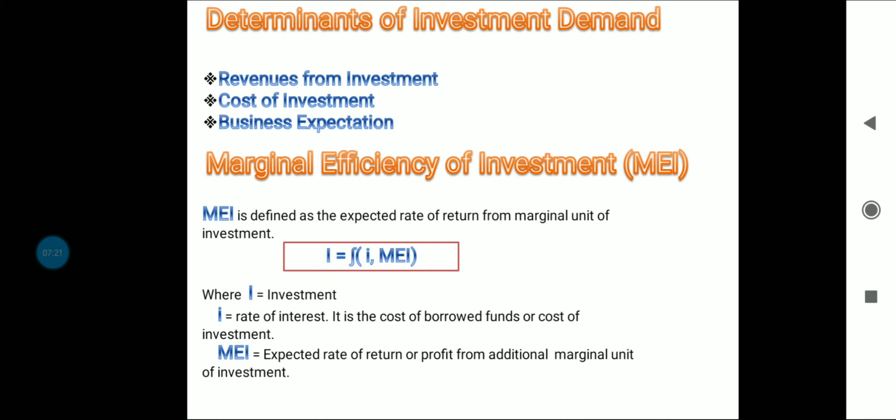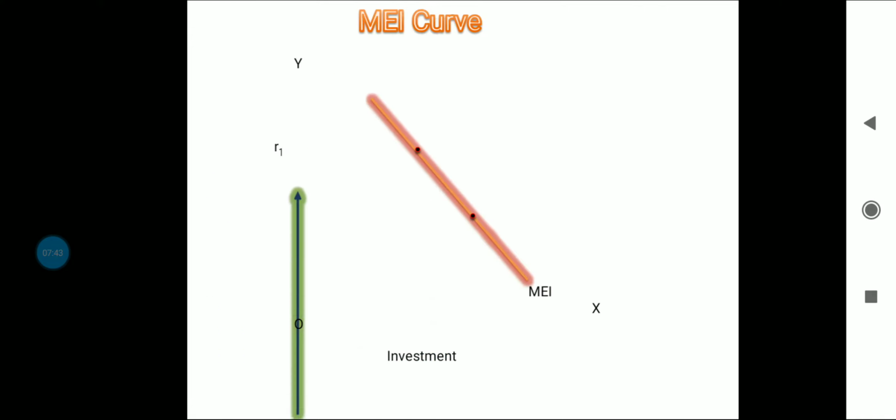When the cost of investment is more, the level of investment will be less, and vice versa. MEI is the expected rate of return or profit from the additional marginal unit of investment. When MEI is more, of course the level of investment will keep on increasing.